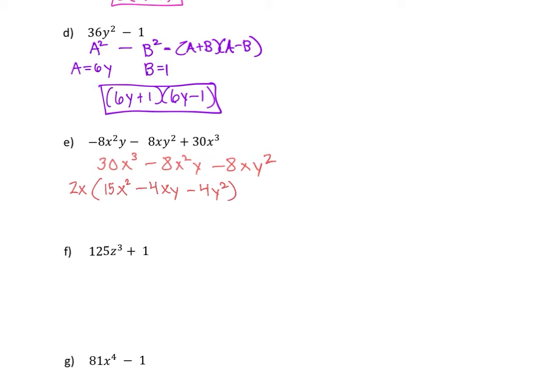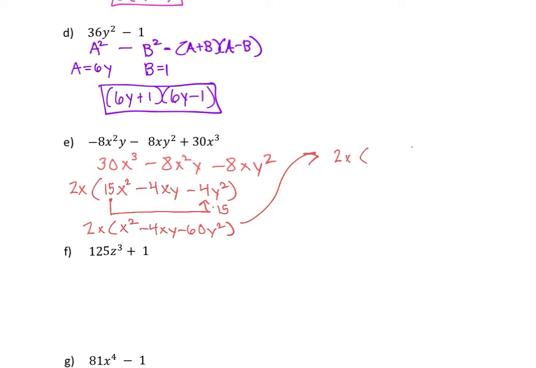Okay, this has a term in front of our x squared now, so I'm going to take this 15 and multiply it by the 4. That gives me 2x times x squared minus 4xy minus 60y squared. Let's come up here.